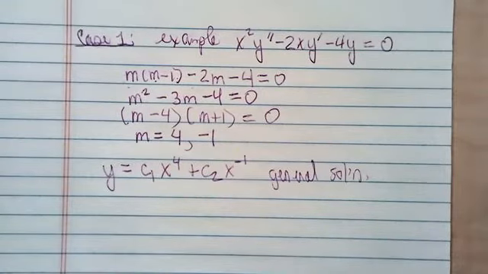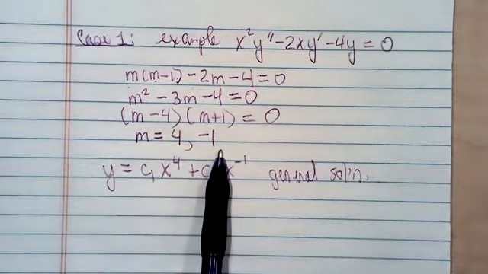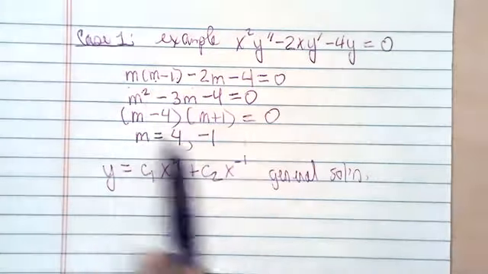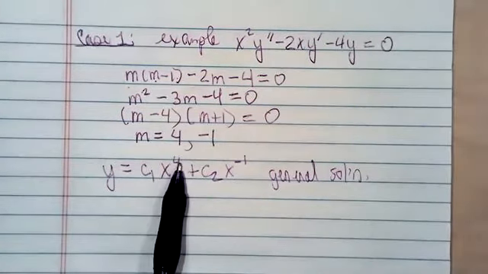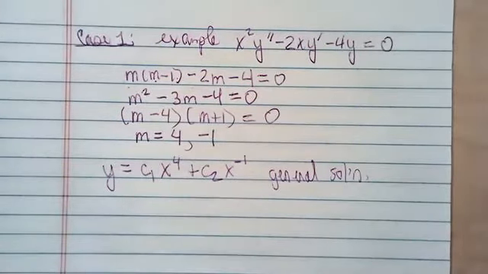And they're just that simple. When you get 2 real roots, you write down this quadratic, solve it, use the solutions for the quadratic as your exponents on x, and you're done.